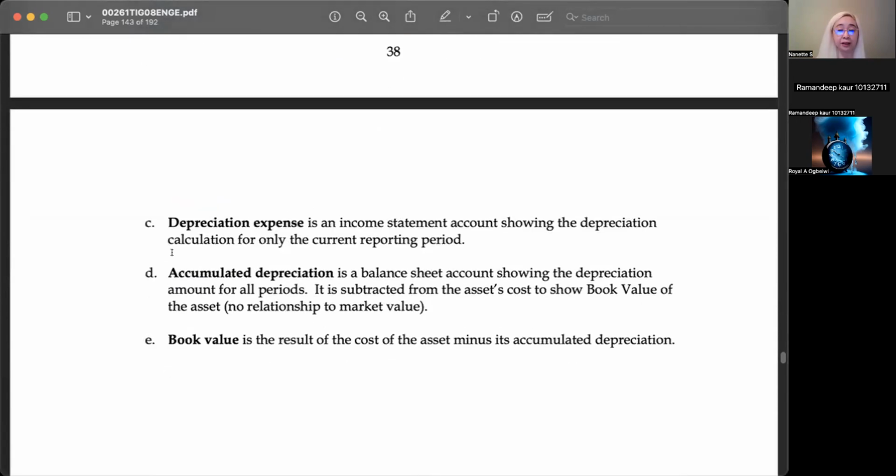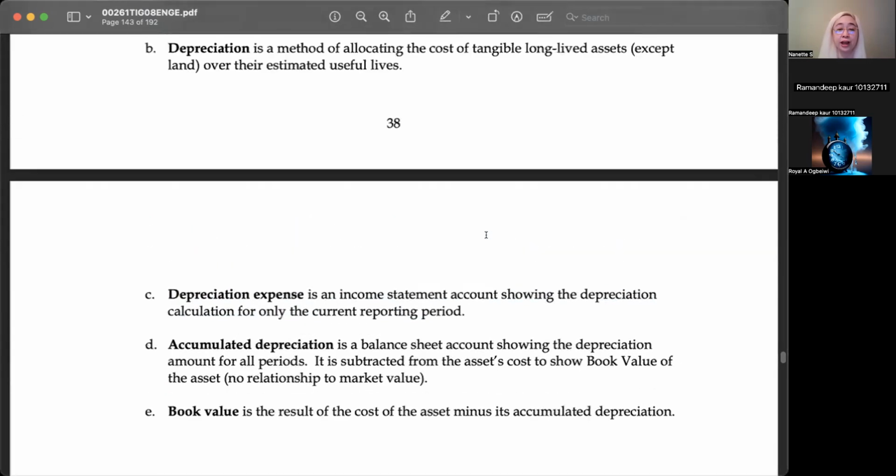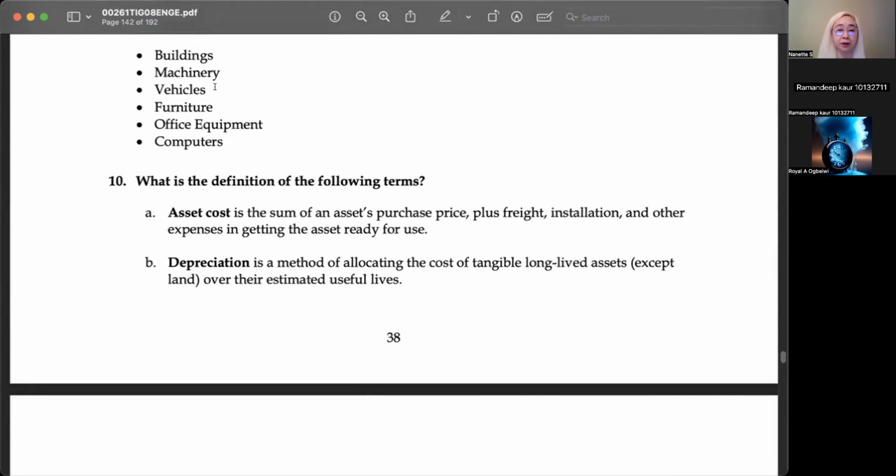So speaking about depreciation, what is depreciation expense, Royal? Depreciation expense is an income statement account showing the depreciation calculation for only the current reporting period. Right. So let's say, for example, your company vehicle.